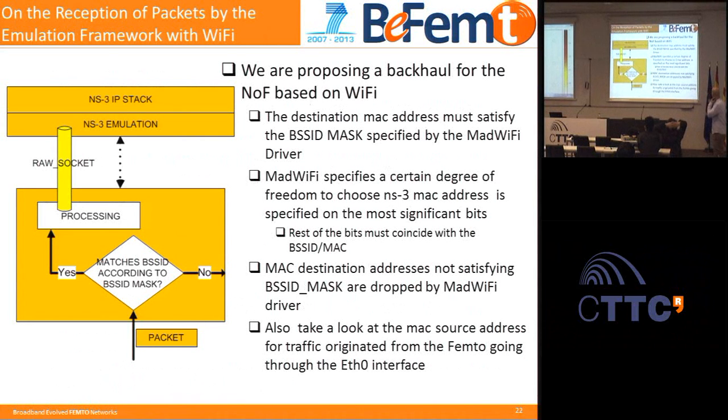Okay, so as we are on a Wi-Fi backhaul, how do we get the packets into the NS3 node running on the application of the wireless home node B? Basically, we have to filter the packet by MAC destination address, so that some packets are processed by the real home node B, and other packets are directed to the NS3 application.